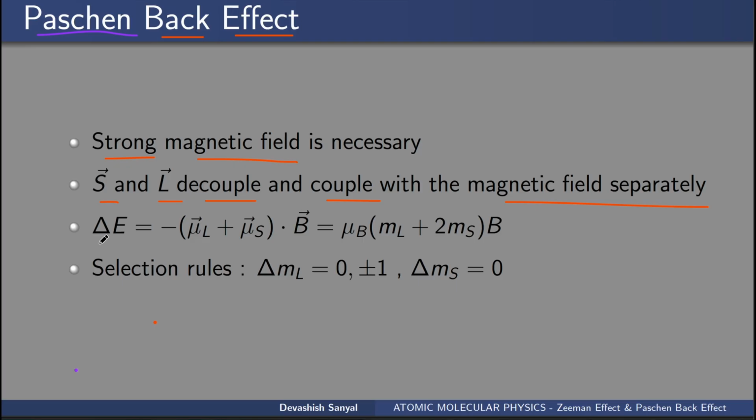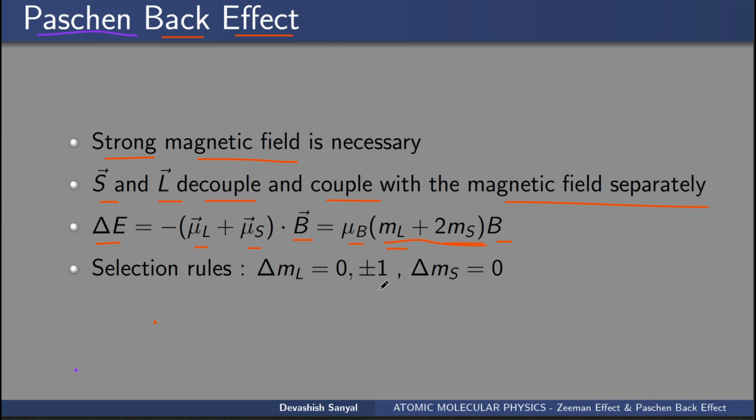So a shift in the energy level in the presence of a magnetic field is (mu_L plus mu_S), the total magnetic moment, one due to orbital motion and one due to spin, dot B. And you can easily see, you can write this as Bohr magneton times (m_l plus twice m_s) into B. So this m_l plus twice m_s will determine the shift in the energy.